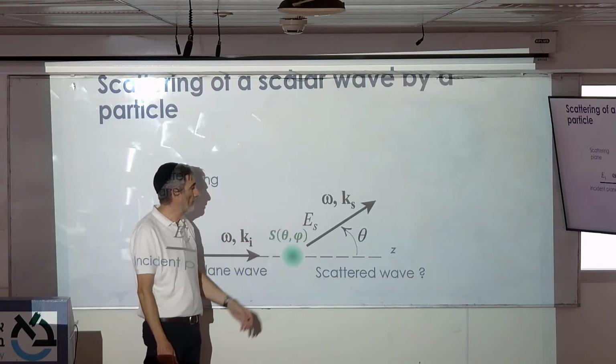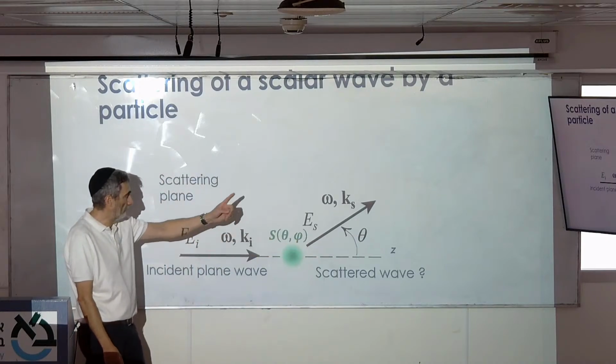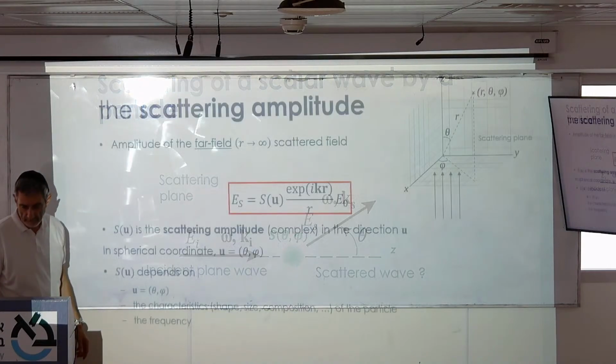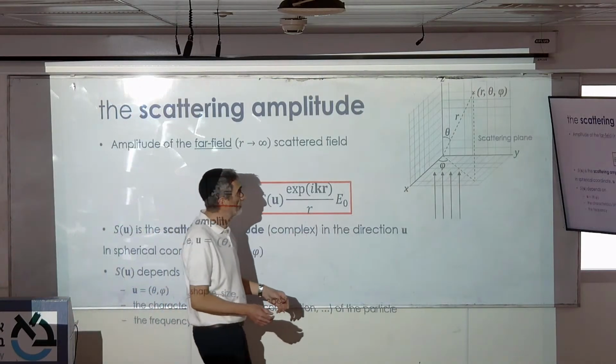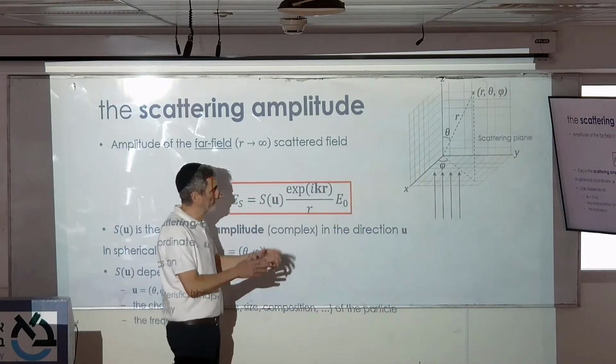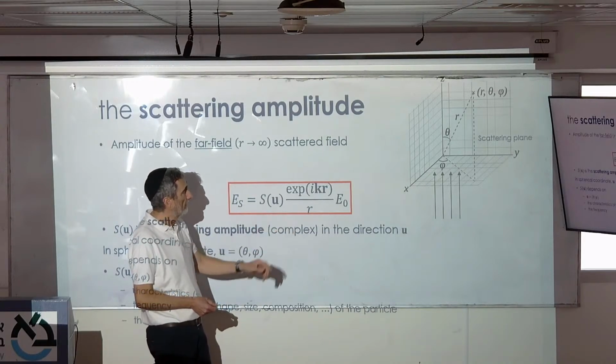in a particular direction, theta and phi. We can just consider a spherical system of coordinates, so we have theta and phi.